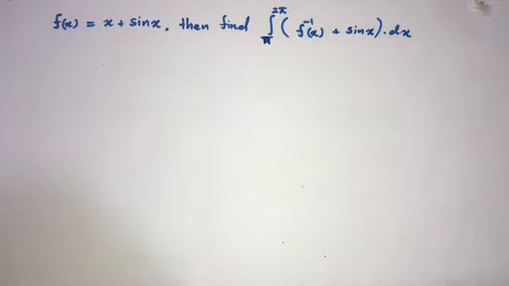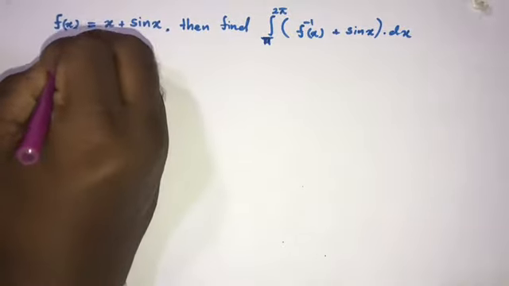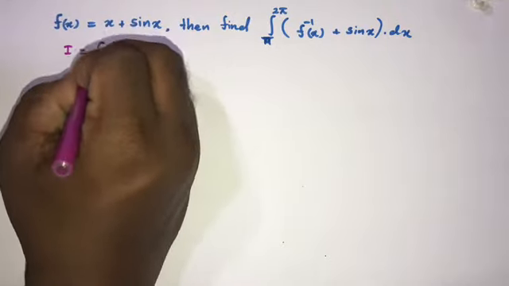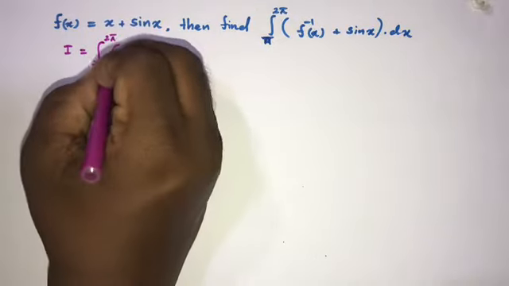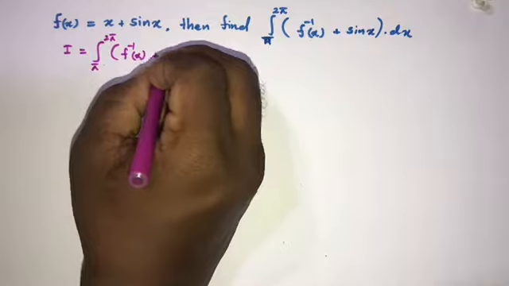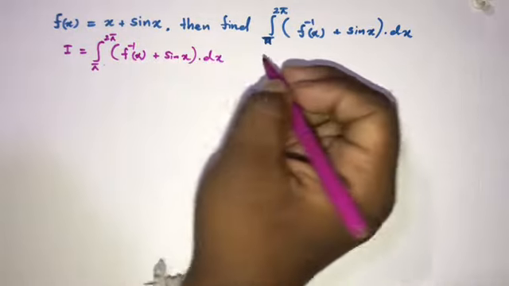First, I am going to take this integral equal to I, so we can write I is equal to the integral from pi to 2 pi of inverse f of x plus sine of x dx.